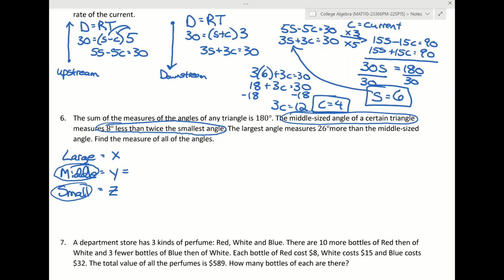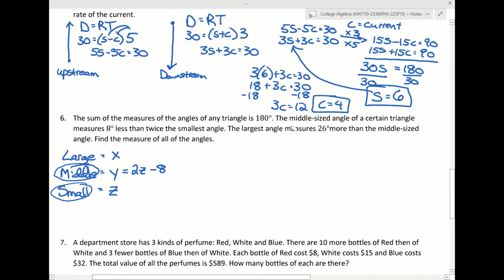If I tell you I'm 8 inches shorter than you, and you're 70 inches tall, you don't do 8 minus 70, you do 70 minus 8, right? So if it's 8 degrees less than twice the smallest angle, we're going to do twice the smallest angle minus 8. That's how that gets set up. That's a common mistake people make. Whenever you see less than, sometimes people put the order a little bit differently.